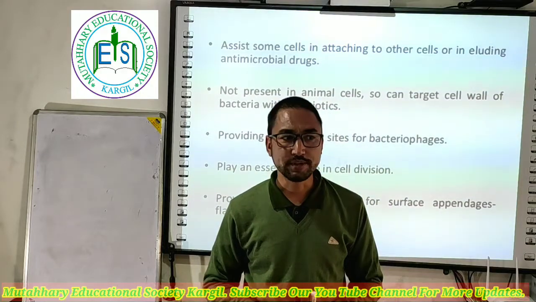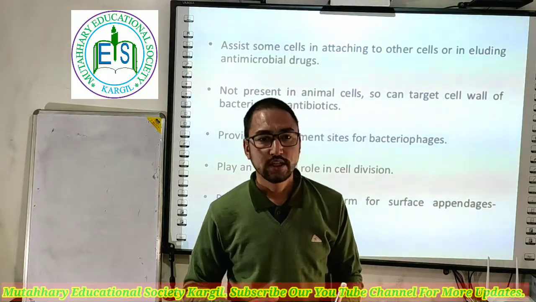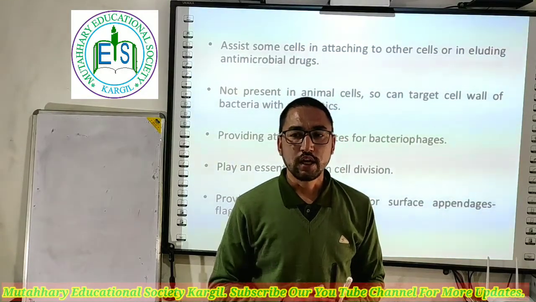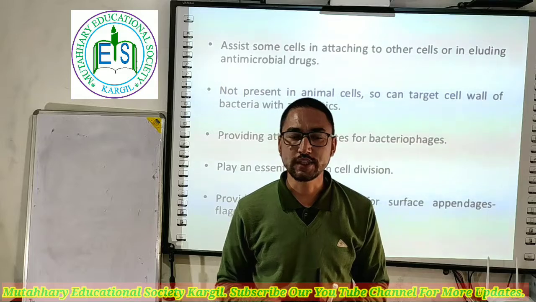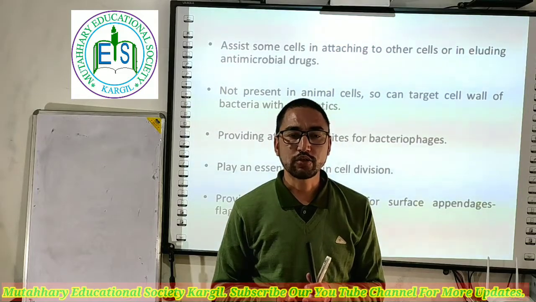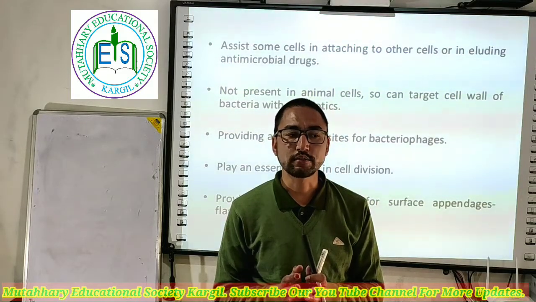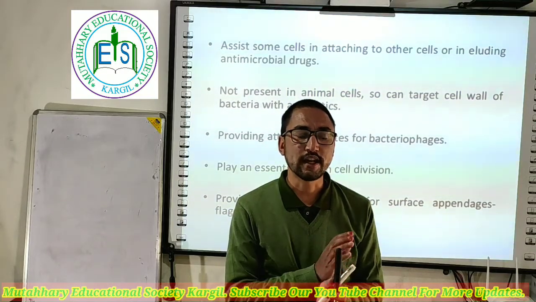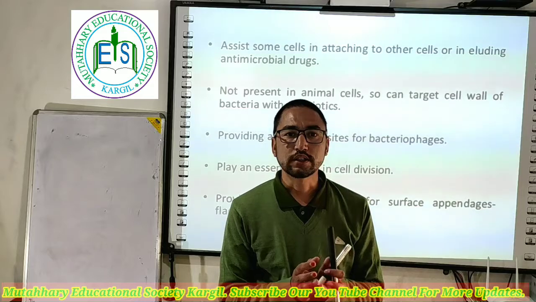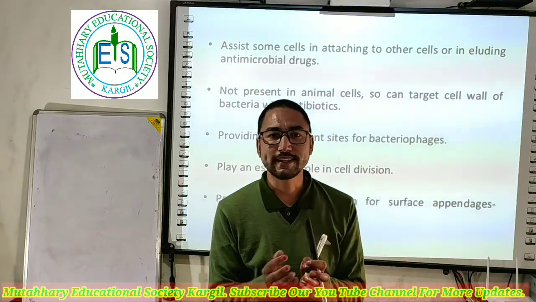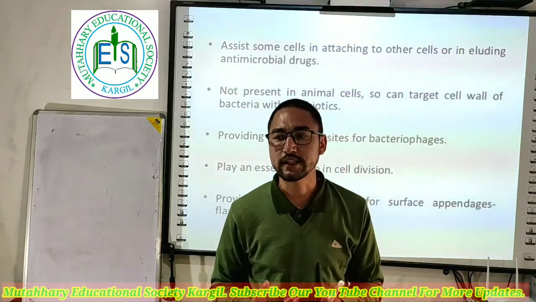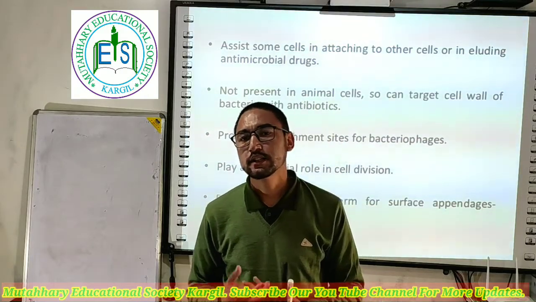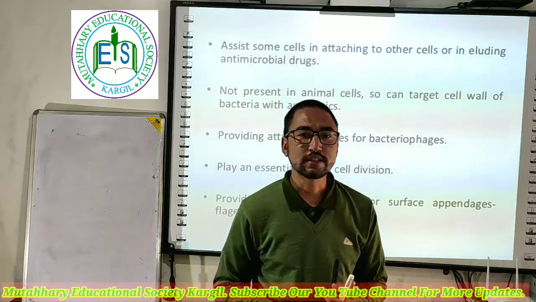Sometimes these bacterial cells can evade antimicrobial activity. They can do so because the cell walls can sometimes act as attachment sites, and they bind somewhere beneath a clump of certain cells, and when we take certain kinds of antibiotics, in a few cases those antibiotics are unable to reach the target.